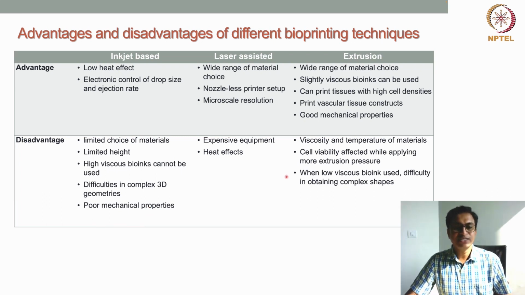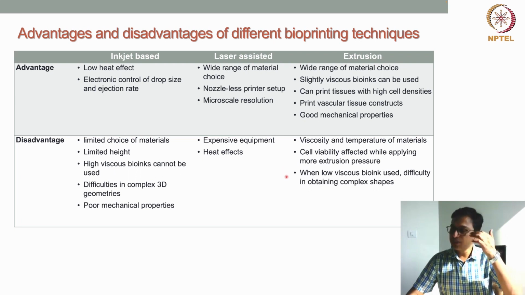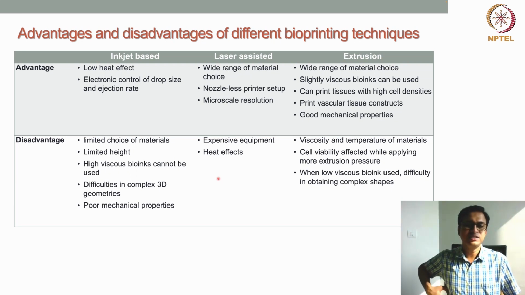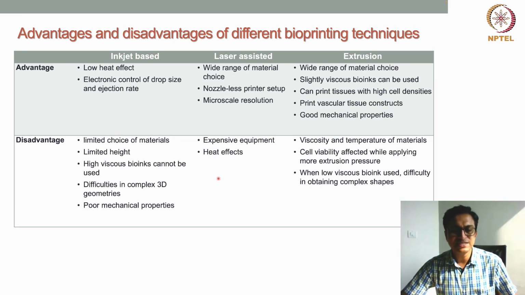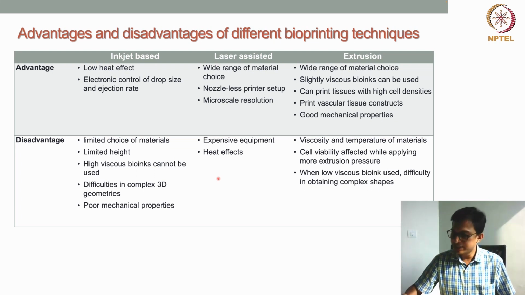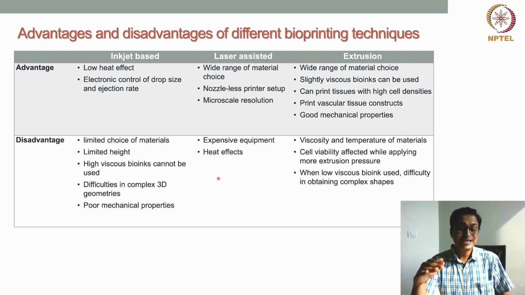In case of laser assisted printing, the major disadvantage is that the equipment is very expensive. So it is not very affordable. Affordability is a concern when it comes to laser assisted bioprinting. Another disadvantage is the heat effects. In a laser assisted bioprinter, we are using a laser that passes through the glass layer and hits the metal layer.